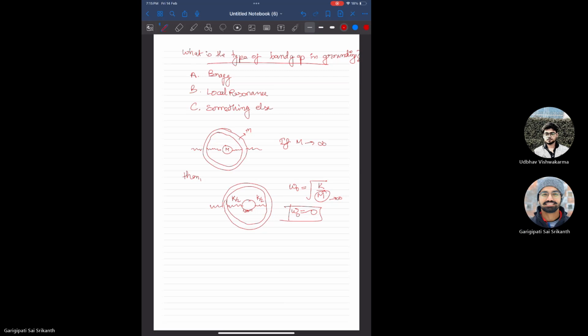So grounding could be thought of as a local resonance where the resonating frequency is at 0. Whoa. We have to verify it. We have to see the attenuation profile.